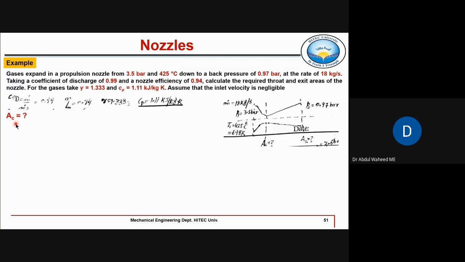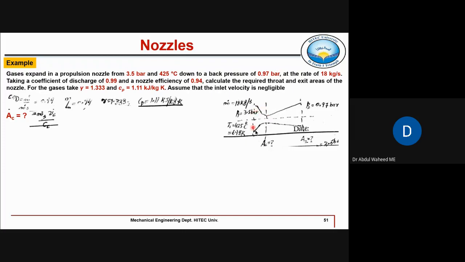Gamma is given, Cp is given, and we first need to find the area of throat. To calculate the area of throat, we know this equation: m dot times vC divided by CC, at critical condition. Now here it is written m dot s, so we can neglect the frictional effects in the convergent portion, which we discussed. It means the nozzle efficiency given, 0.94, is for the divergent portion only.